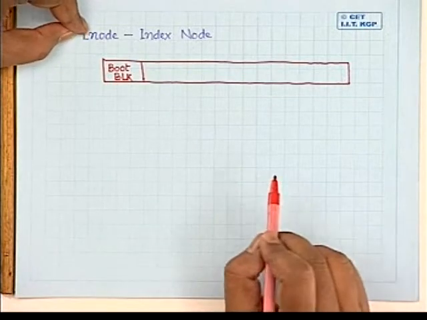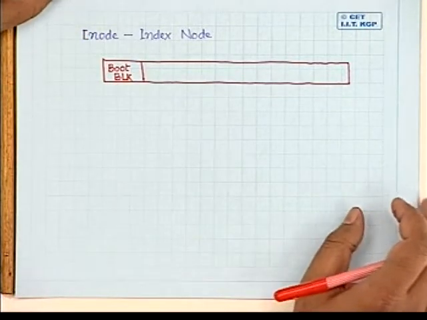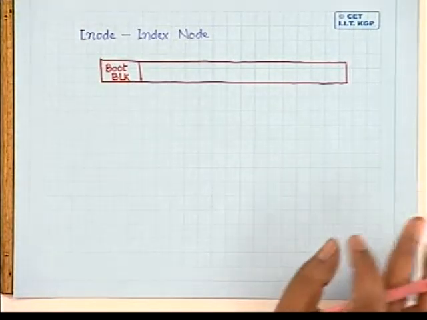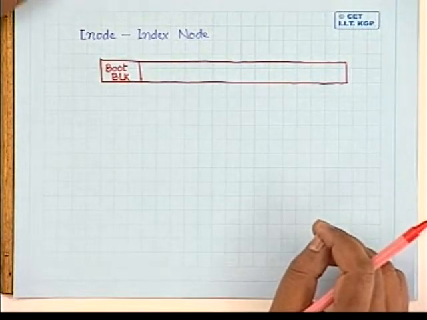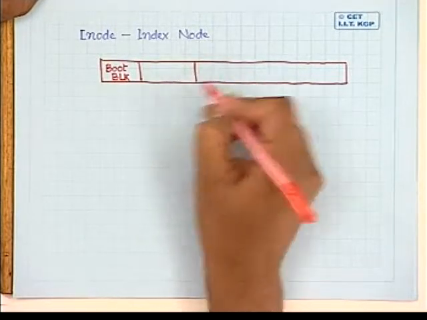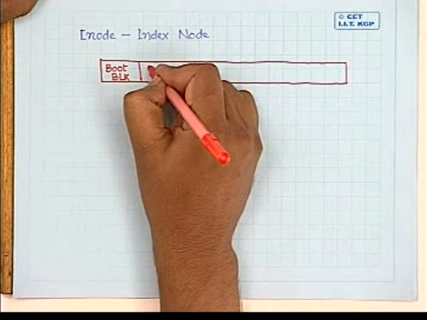This boot block usually contains the boot volume, that is a part of the operating system, which is loaded in the main memory when the system is booted. Then next, we have one or more blocks which are called super blocks.